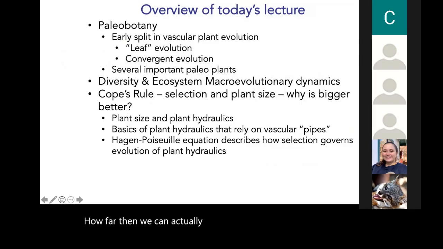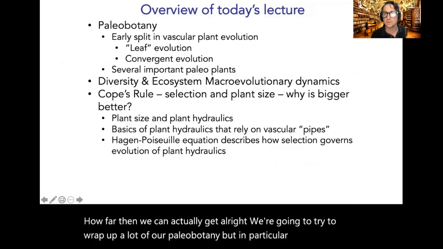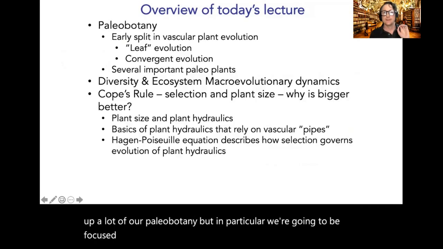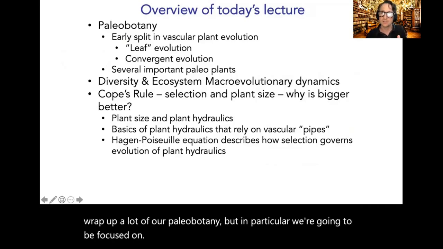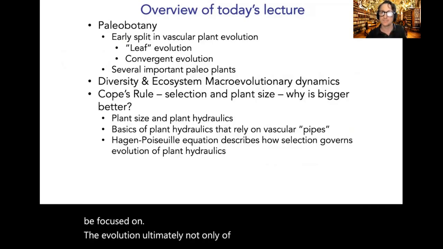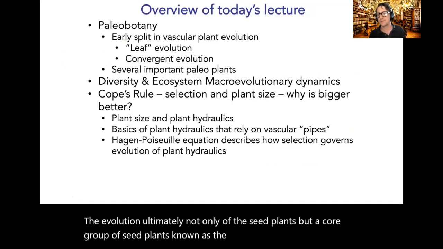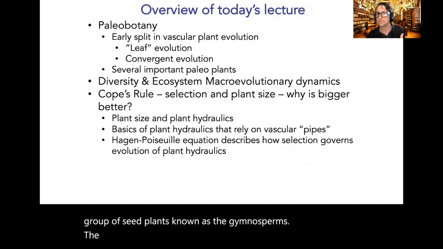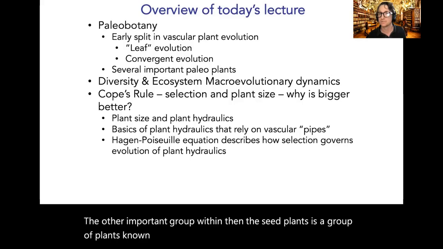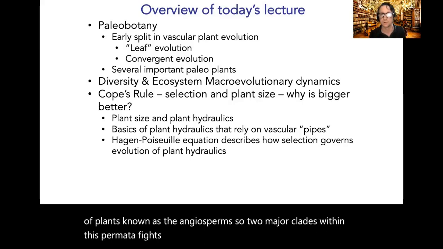All right, we're going to try to wrap up a lot of our paleobotany, but in particular, we're going to be focused on the evolution ultimately not only of the seed plants, but a core group of seed plants known as the gymnosperms. The other important group within the seed plants is a group of plants known as the angiosperms. So two major clades within the spermatophytes, the gymnosperms and the angiosperms.